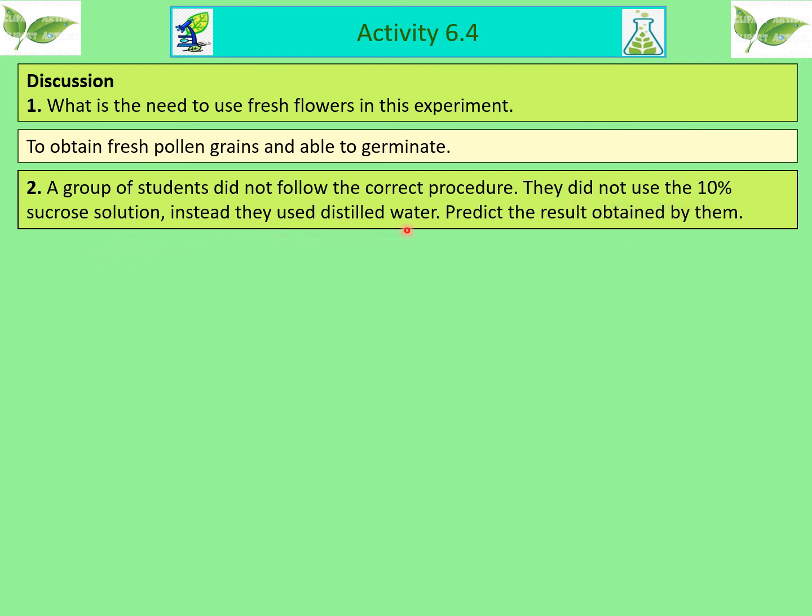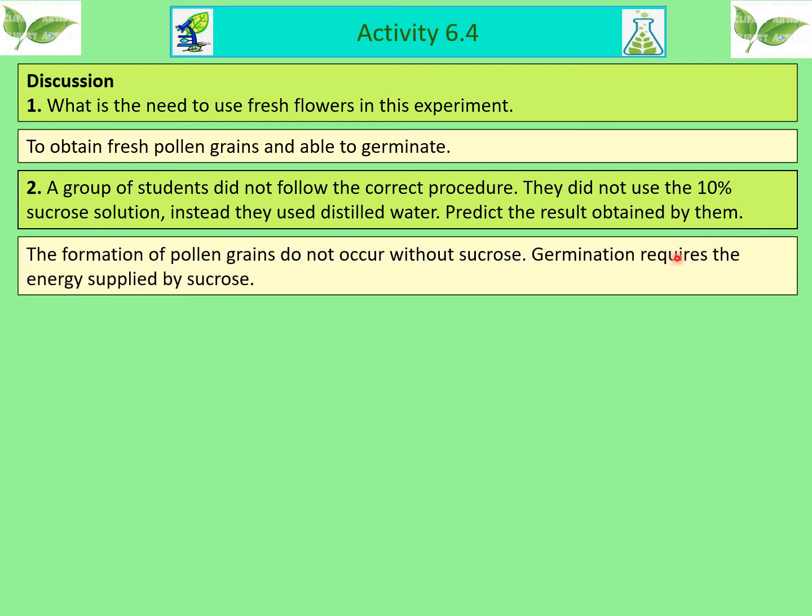Instead, they used distilled water. Predict the result obtained by them. Okay, if they use distilled water, the germination of pollen grains does not occur because the germination process requires energy supplied by sucrose. Okay, when we use water, mitochondria cannot generate energy because of the lack of sucrose.